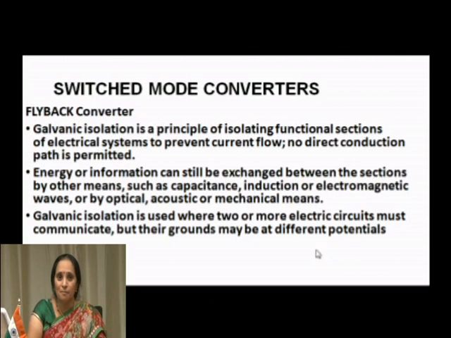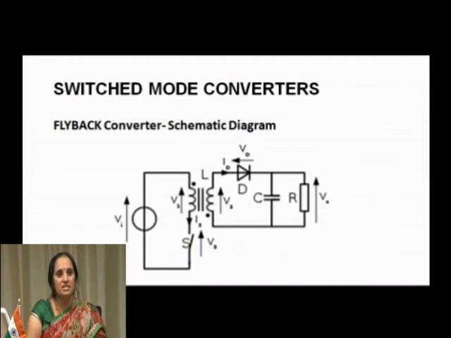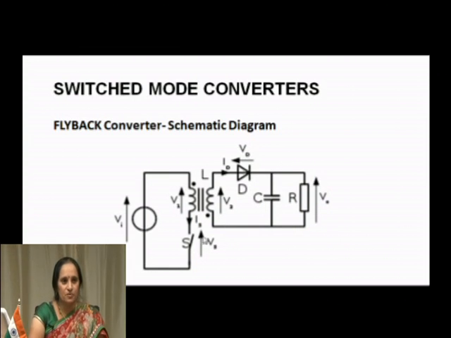So, a flyback transformer also is going to have two windings, and both the primary and the secondary circuits will have grounds at different potentials. Okay. So, with that principle, let us look into the simplest schematic diagram of a flyback converter.